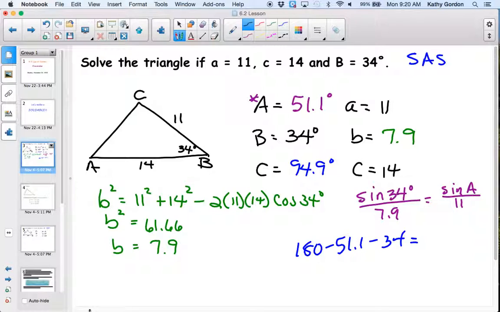Negative pi over 2 to positive pi over 2. Does getting a negative angle make any sense in the context of a triangle? No. So that means all of my fourth quadrant answers don't make any sense. So if I'm going to get a positive angle measurement, it's only going to be a first quadrant measurement, and therefore law of sines can only spit out an acute angle for me. Does that make sense? Okay?